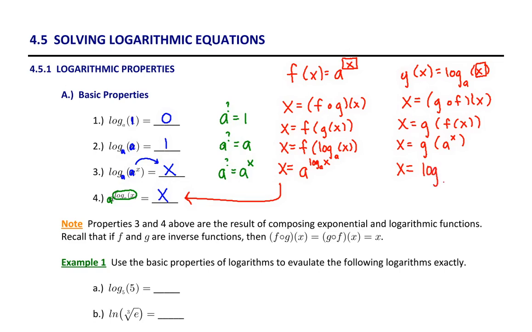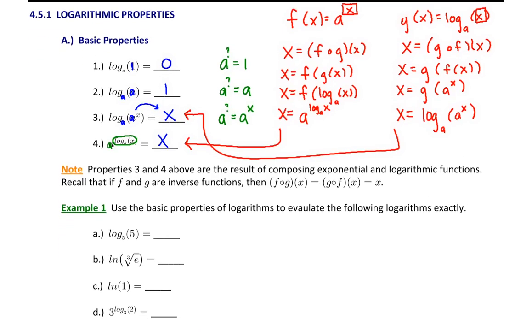We obtain log base a of a to the x. So this one verifies property number 3. So you can certainly prove it with composition, but you want to be familiar with these basic properties in order to quickly evaluate and simplify these logarithmic expressions.